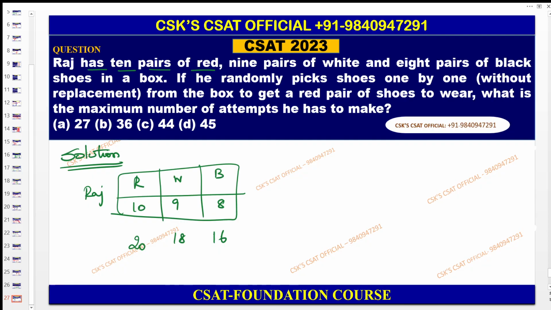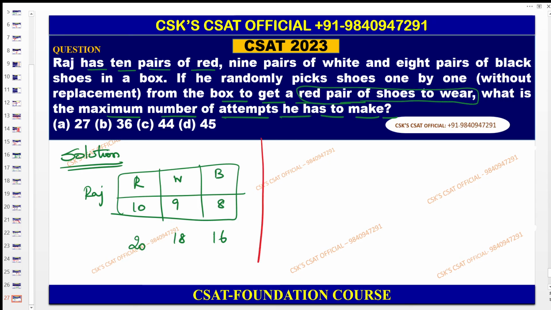If he randomly picks shoes one by one without replacement from the box to get a red pair of shoes to wear, what is the maximum number of attempts he has to make? Maximum number of attempts he has to make.